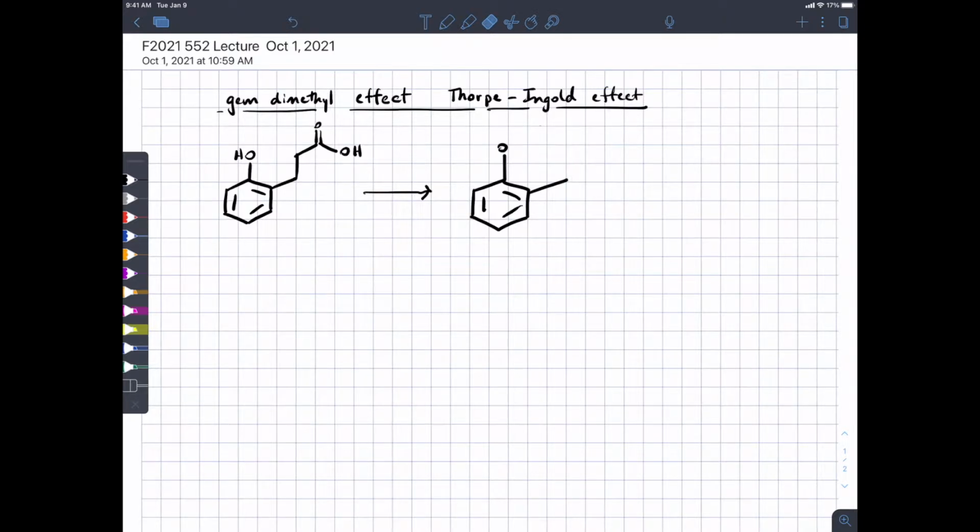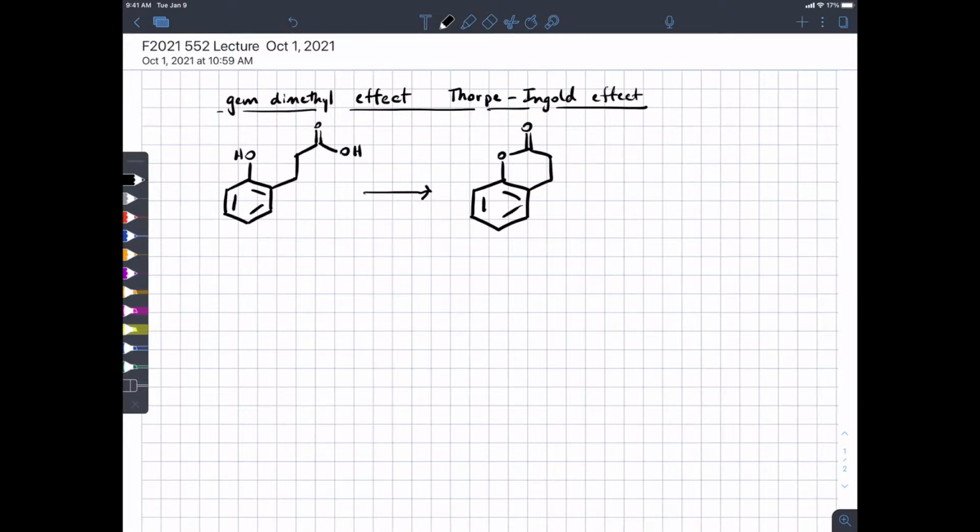Oops, I guess my six-membered rings need a little bit of work. A lactone is a word for a cyclic ester. If it were an amide, we'd call it a lactam instead of a lactone.